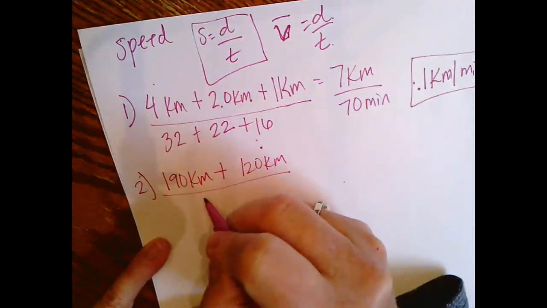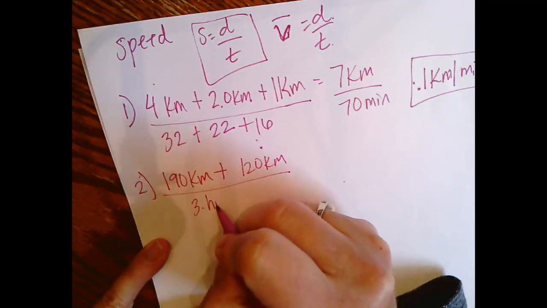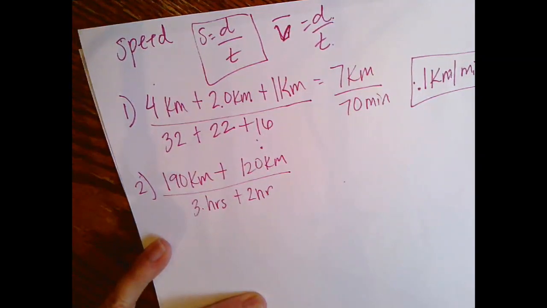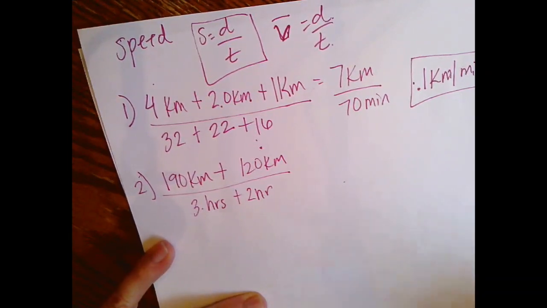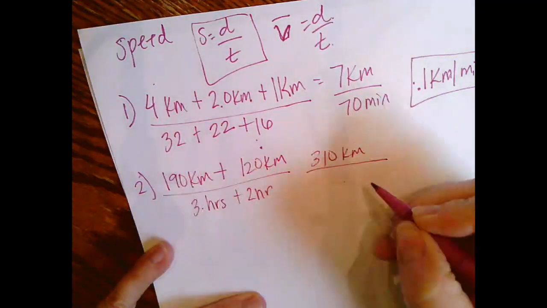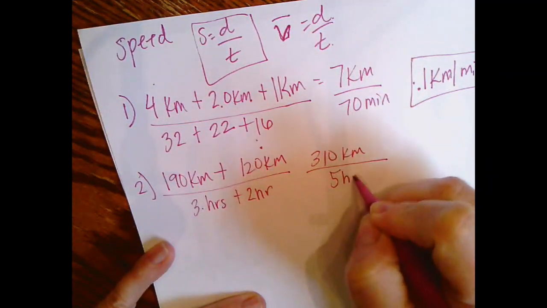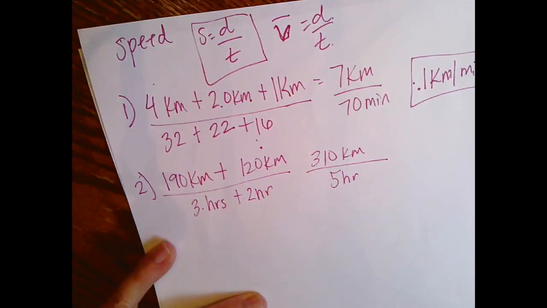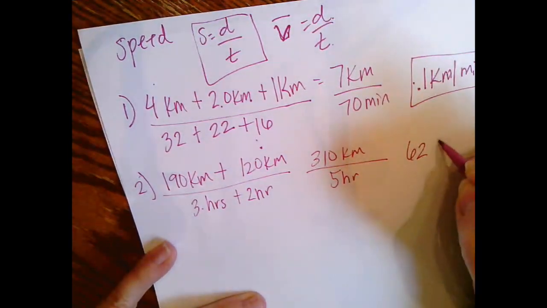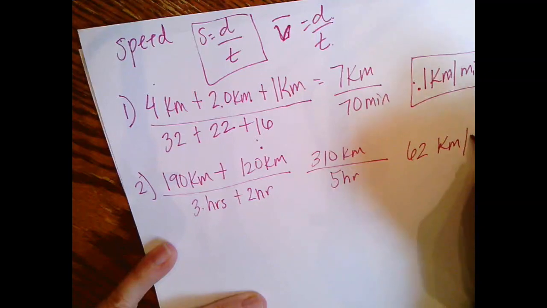And then divide by 3 hours plus 2 hours. So 190 plus 120 is 310 kilometers, divided by 5 hours, and that would be 62 kilometers per hour.